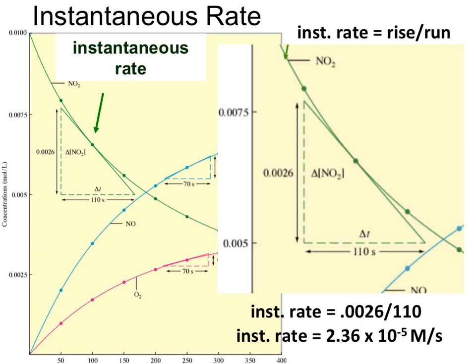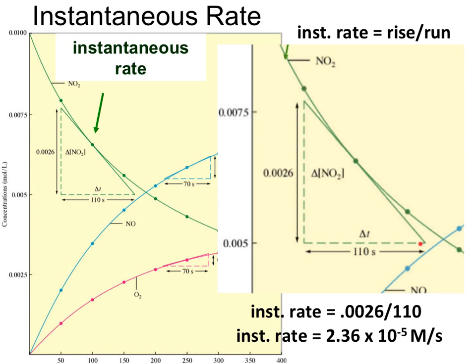And if we want to know the instantaneous rate, or the rate of the reaction at a specific point in time, we're going to draw a line tangent to that specific point. We are then going to take the rise and the run associated with the slope of that line, and that's going to allow us to calculate our instantaneous rate.